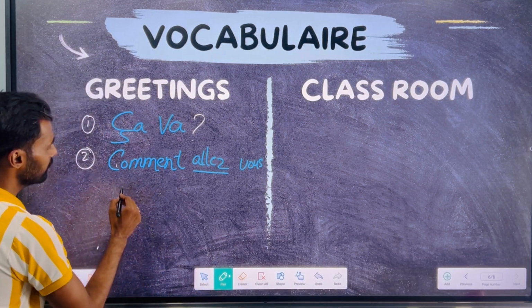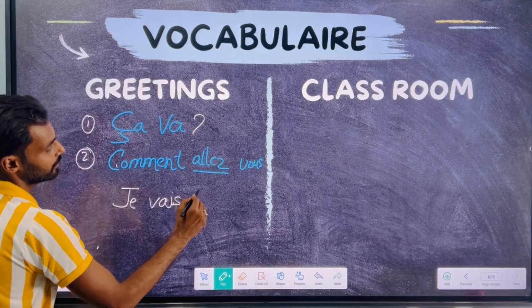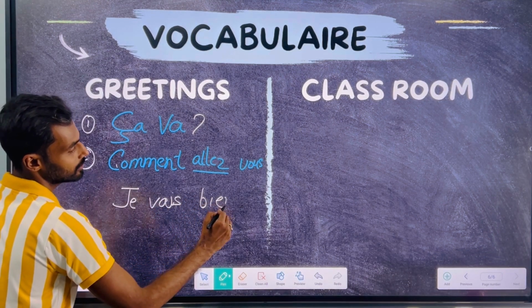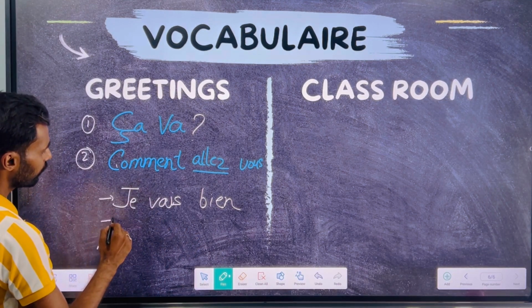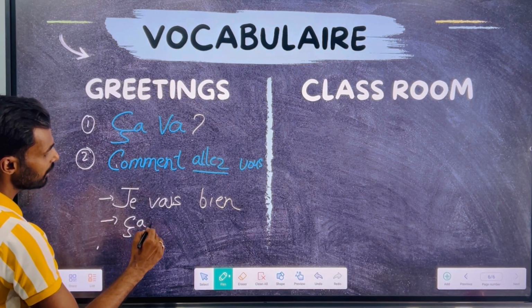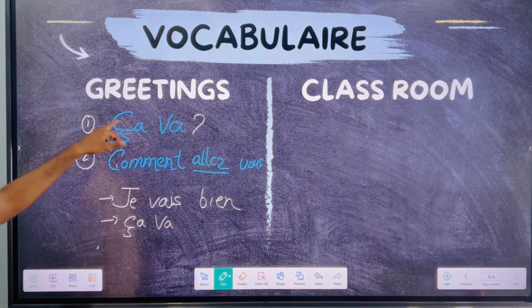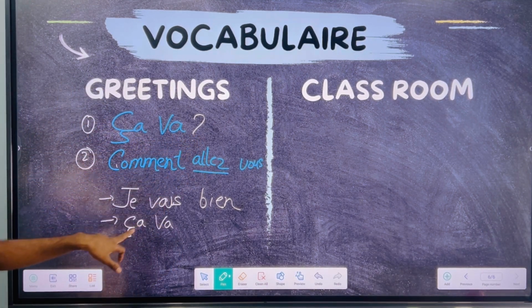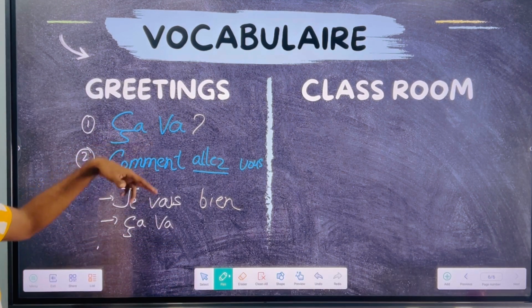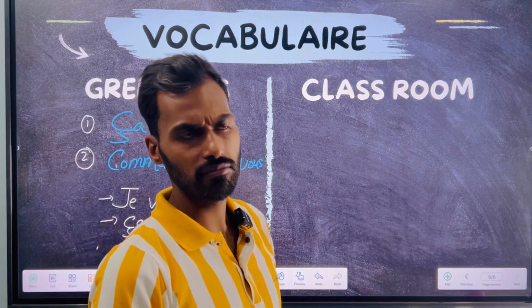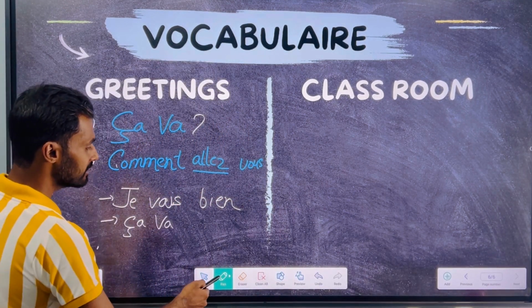You can say je vais bien if you are good, and normally you can say ça va. So this can be asked as a question and also said as the answer. These are the two ways to ask someone how he or she is.